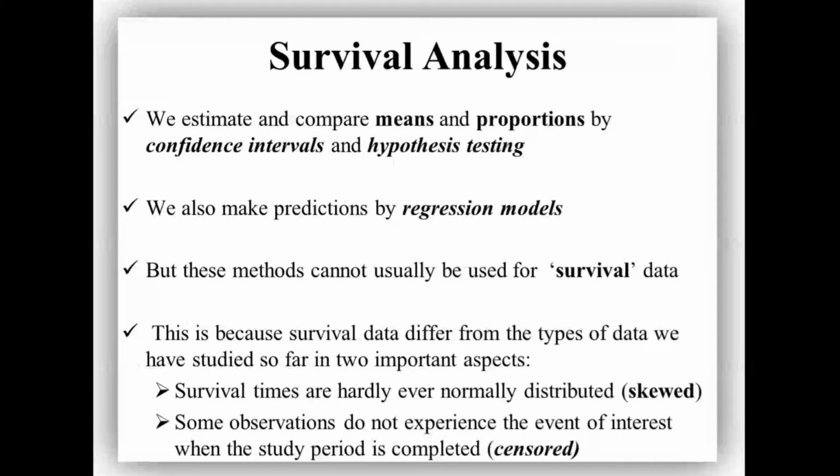If they disappear from the follow-up, you cannot assess the survival time. We do not know the length of their survival time. We don't know when they will die, for example, if the event of interest is death. Therefore, if we do not know the survival time, we cannot apply linear regression.